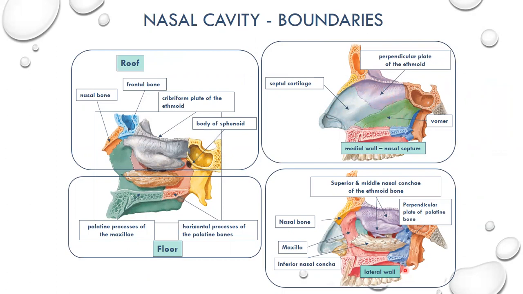For the lateral wall, there are many structures: the nasal bone, the maxilla, the ethmoid bone with its superior and middle nasal conchae, the inferior nasal concha which is a bone of its own, and the perpendicular plate of the palatine bone. All right.